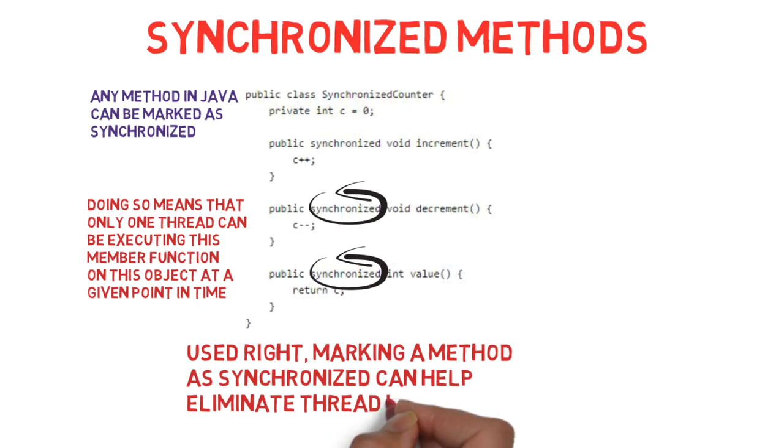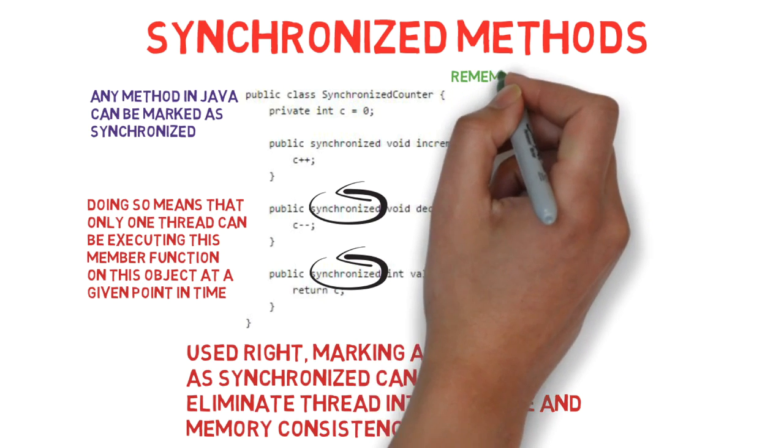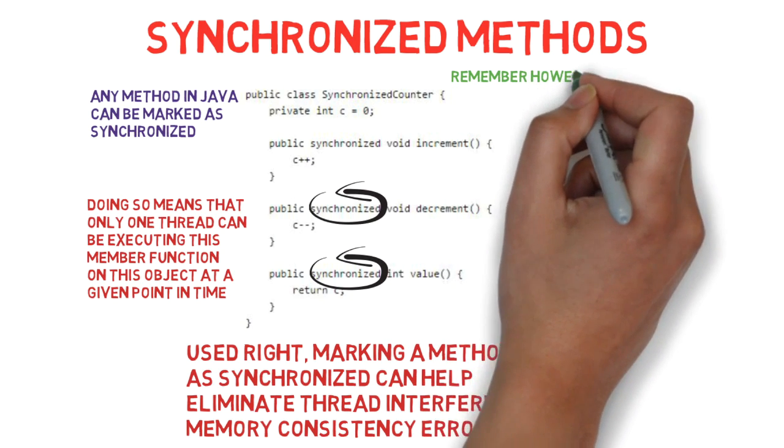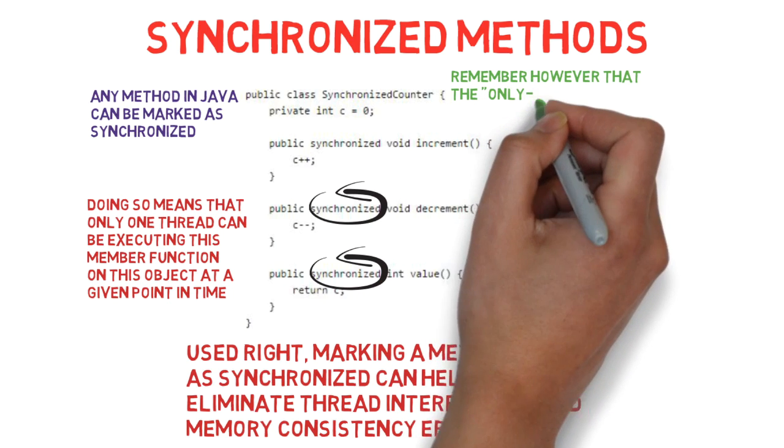These errors are generally caused when two threads try to access the same piece of memory at the same time. By having the synchronized lock around code which accesses that piece of memory, and in this example it's the counter, we can eliminate thread interference and memory consistency errors.